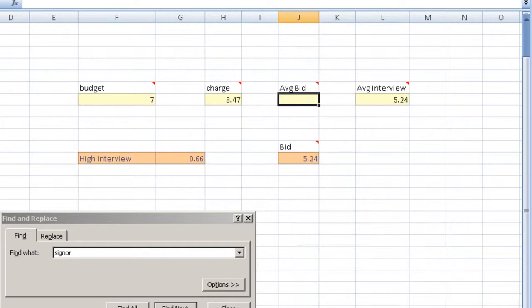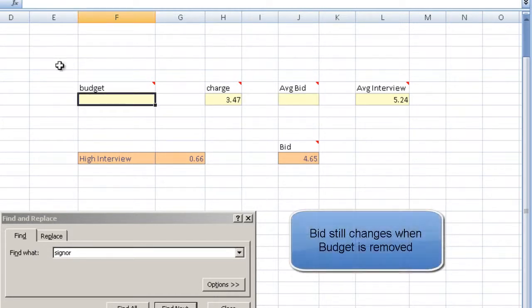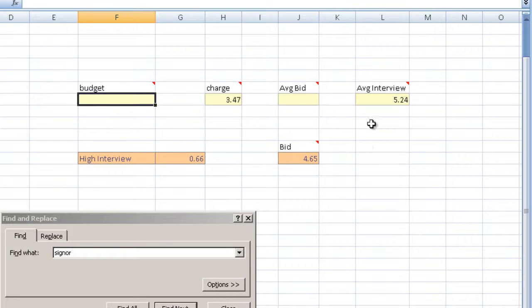As you see, you can remove that, and it'll actually give you a new amount. The bid factors in between the budget and the interview amount, and it also takes into account the original charge.